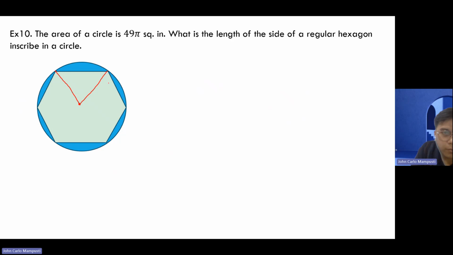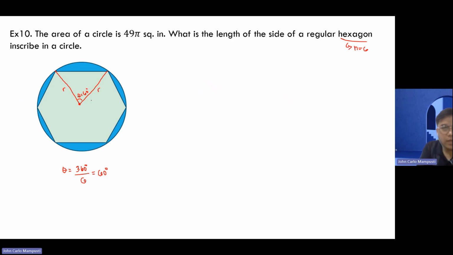Yes. Remember, this is the radius of the circle. Kunin natin yung central angle natin. So, yung pag-compute ng central angle natin dito, this is 360 degrees divided by number of sides. So, since this is hexagon, n is equal to 6. So therefore, this is equal to 60 degrees. So, theta natin, actually, central angle natin dito, this is 60 degrees.